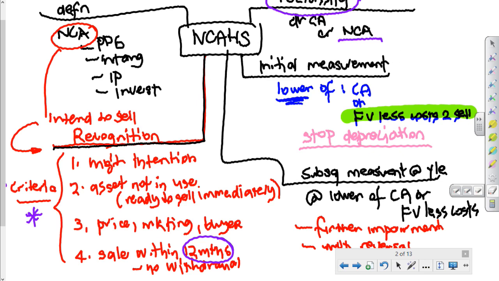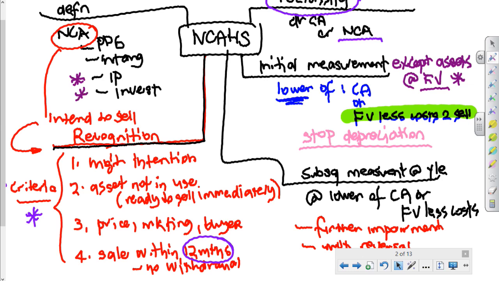The exception here with the measurement is assets carried at fair value. So which are the assets that I carry at fair value? Investment property and investments. Do you agree? Investment property and investments are carried at fair value. So with investment property and investments, I will still reclassify.